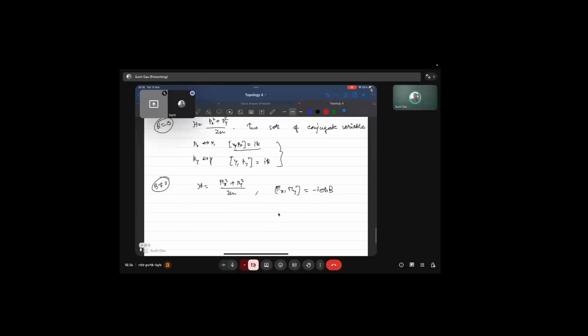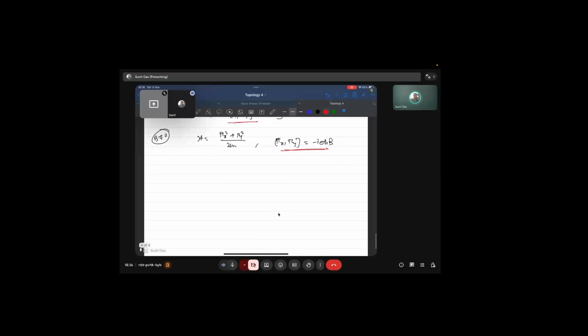We should expect another pair of conjugate relations. Here x and px was one pair of conjugate variables, and y and py was another pair. But in this Hamiltonian, so far we have no other. Whatever we know is that this is the only conjugate pair. So where is the other conjugate?